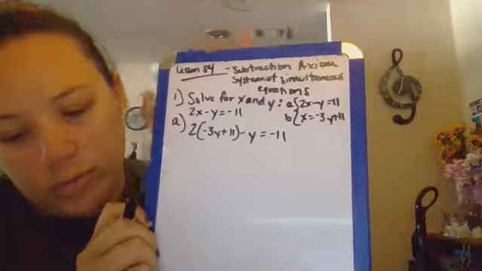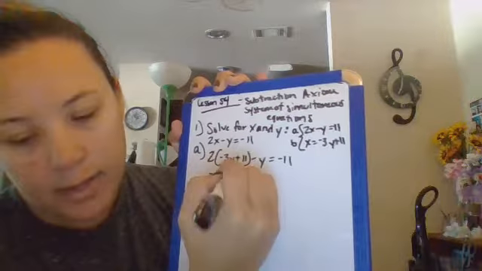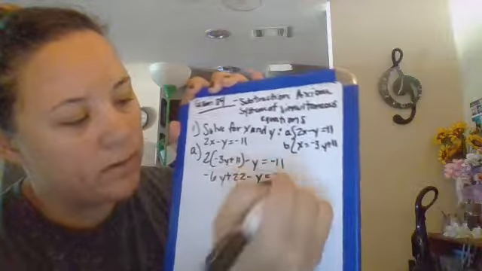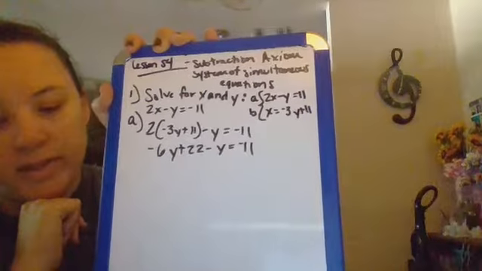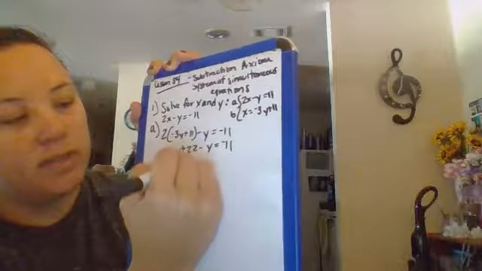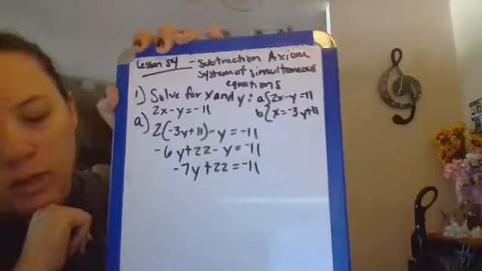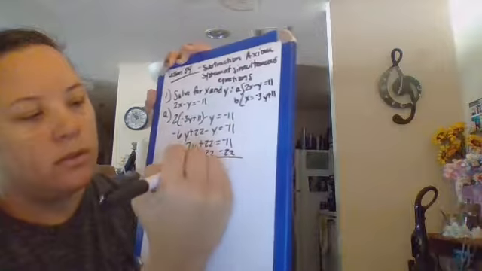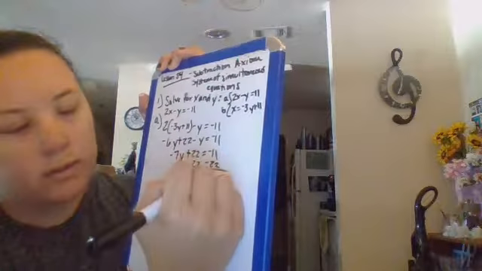So then if we distribute this out, we get negative 6y plus 22 minus y equals negative 11. And then we take the negative 6y minus y, so we have negative 7y plus 22 equals negative 11. We take 22 from both sides.